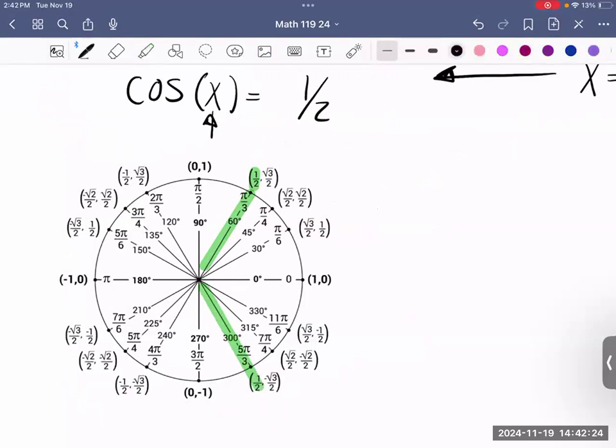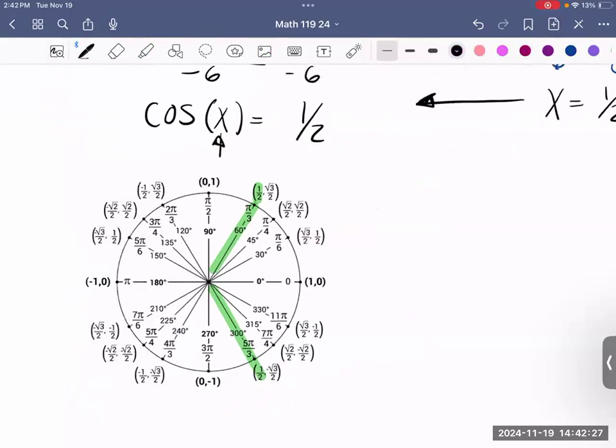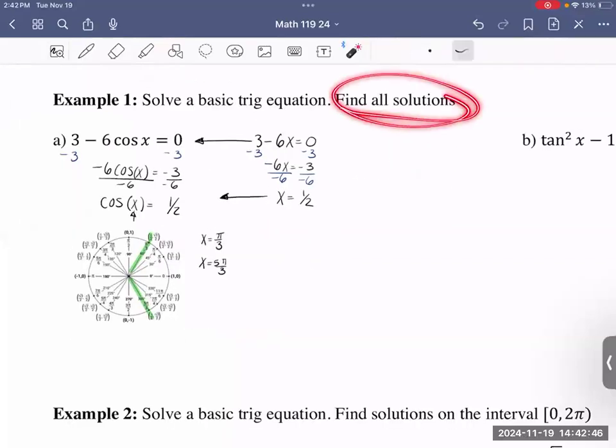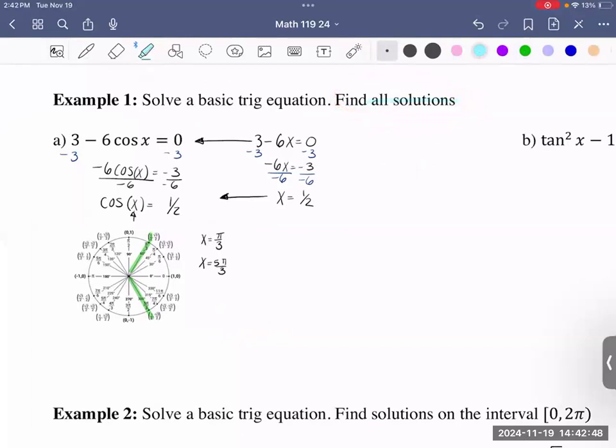So at these two locations, you can see where your cosine has a positive 1/2. So that means your x, your theta, is pi over 3, and again at 5 pi over 3. Now let's say we wanted to get all of your solutions, because they did say find all solutions. So we found 2 of many, right?